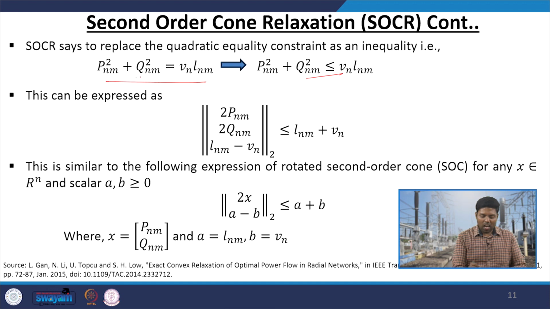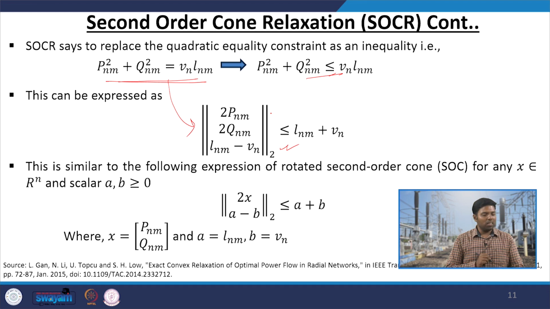That means, other than following the exact equality constraint, we will follow a less than equal to constraint for solving purpose. For solving the problem, it is easier to solve an inequality constraint compared to an equality constraint. So, this expression can be modified like this. How it is done? We will come to it.